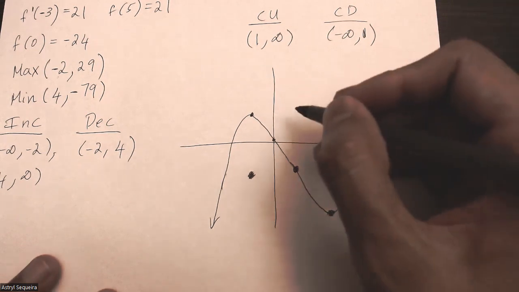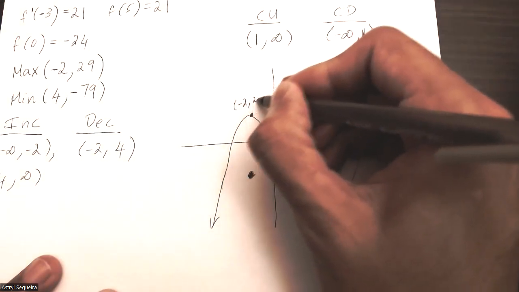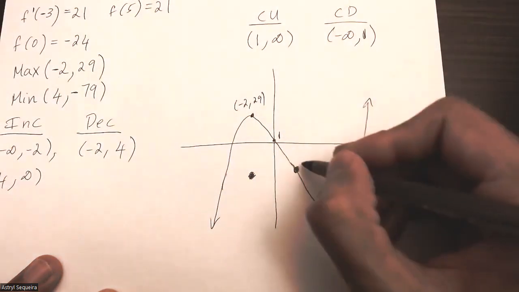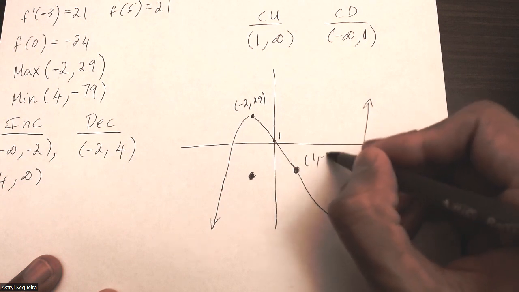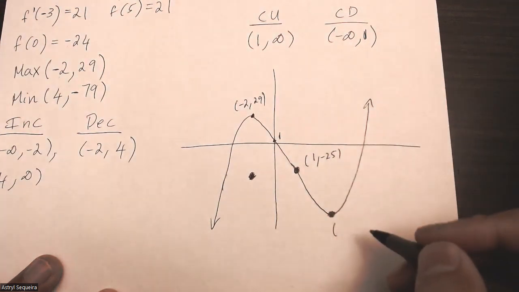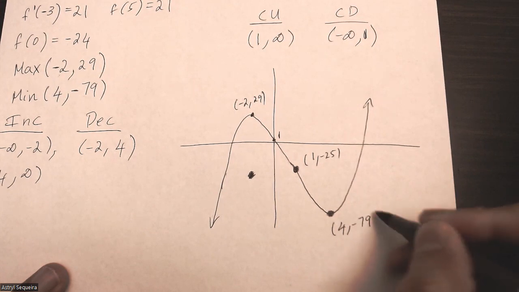So this is the graph right there, and then we can label the points. This is negative 2 and 29, y-intercept is 1. This is positive 1 and negative 25. And the last point here is positive 4 and negative 79.